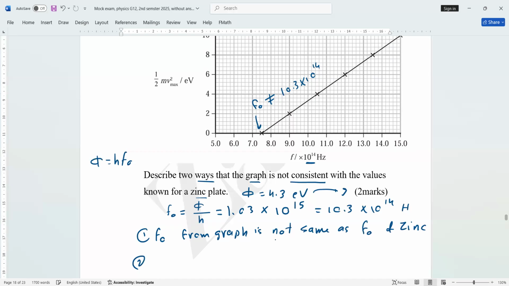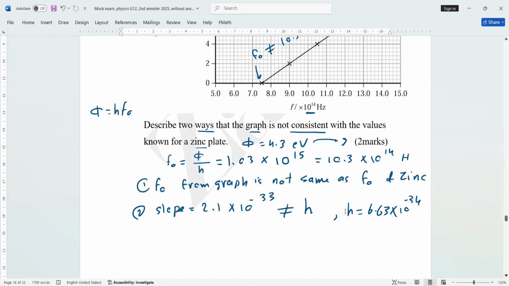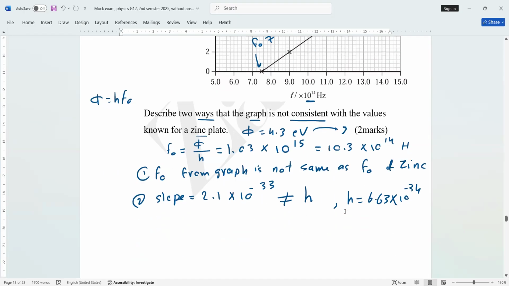Number two, when we calculate the slope or gradient of this graph, it will be 2.1 times 10 to the power negative 33. It is not equal to H, the Planck constant, which is 6.63 times 10 to the power negative 34. So the graph is not correct for the zinc plate. This question is a reasoning question about the zinc plate.